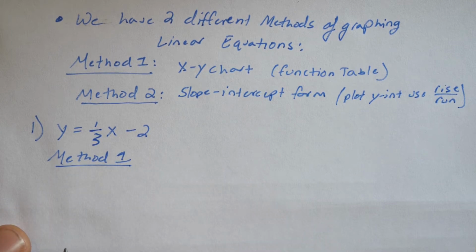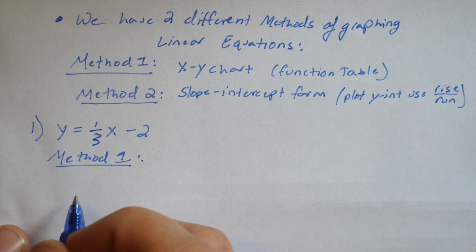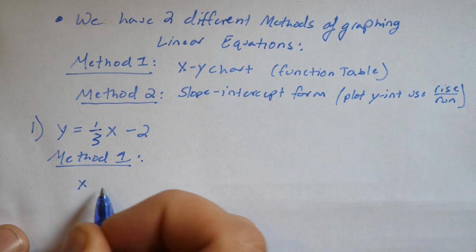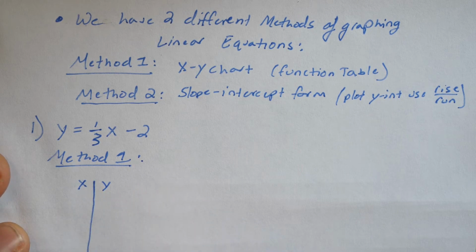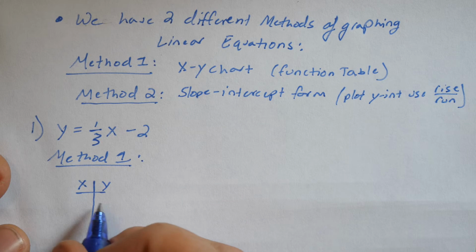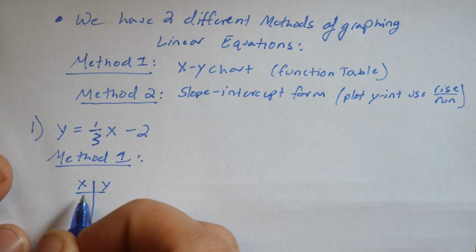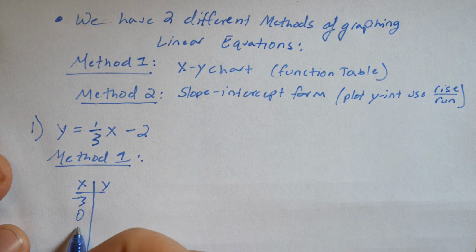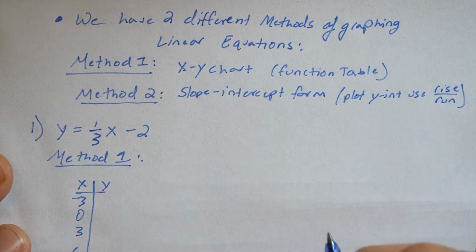So what we're going to do is an x, y chart, or a function table. So you just write x and you write y. Now let's just create a couple x points, all right? So let's create -3, 0, 3, and 6.